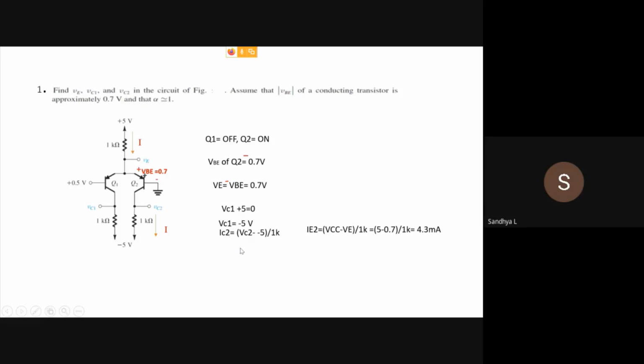So IC2 equal to 4.3 milliampere, that is equal to VC2 plus 5 by 1K. By solving, we find out that VC2 equal to minus 0.7 volt. So this is the end of this particular lecture.